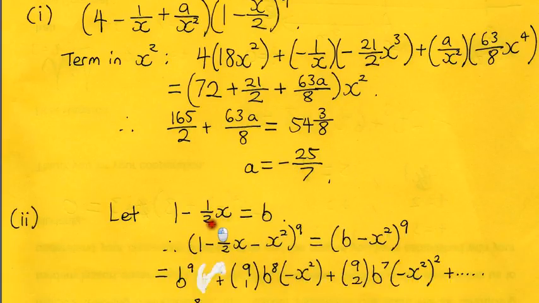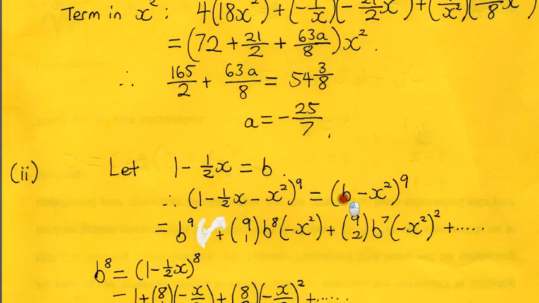The last part here, we are required to expand (1 - 1/2 x - x squared) to the power of 9. Now, to make things simple, let me just let b be 1 - 1/2 x. Hence, I can write it as the expansion of (b - x squared) to the power of 9.